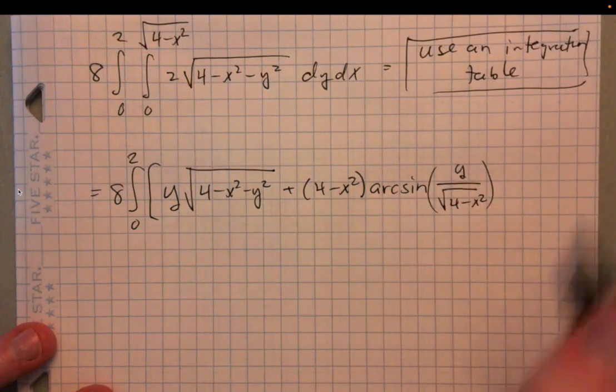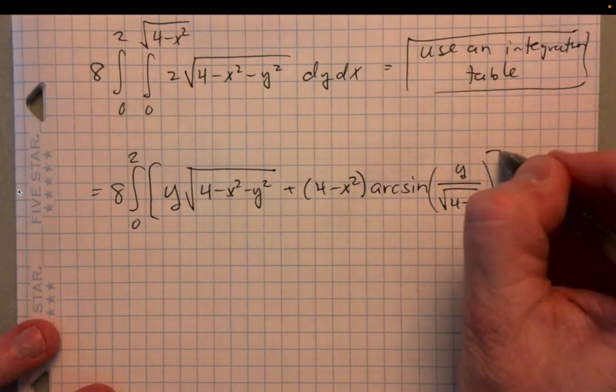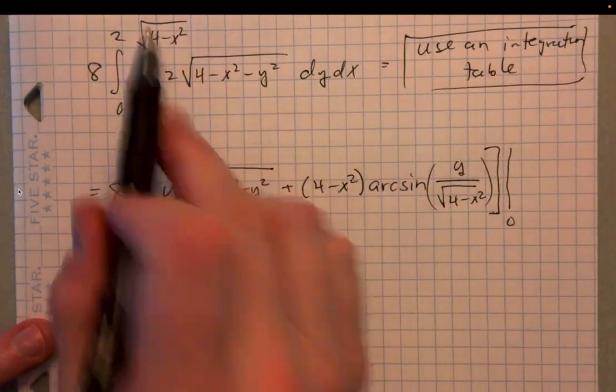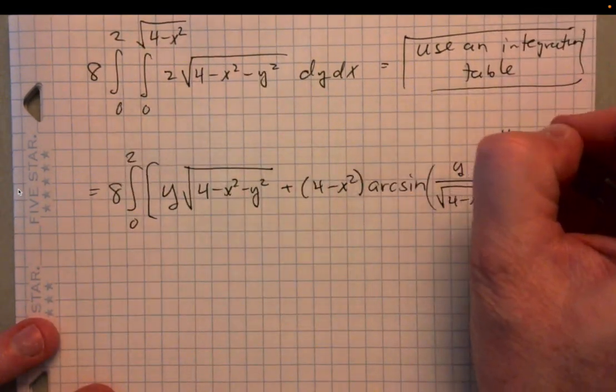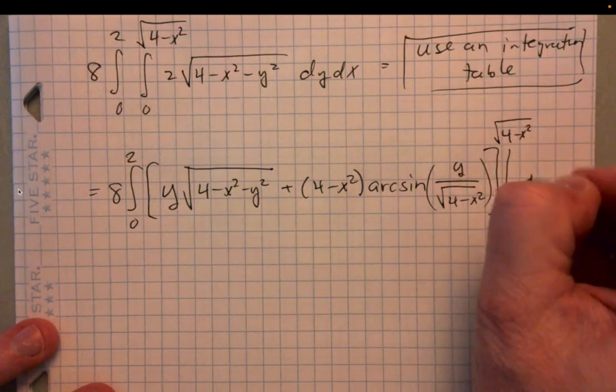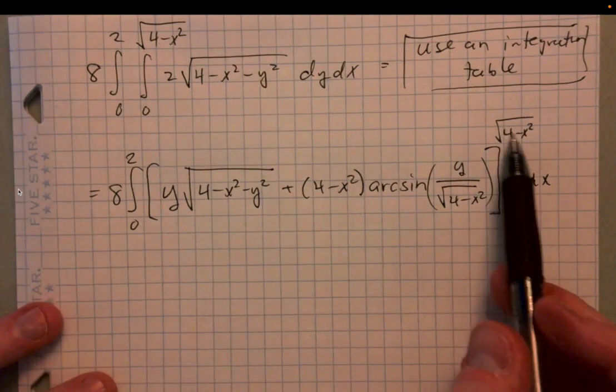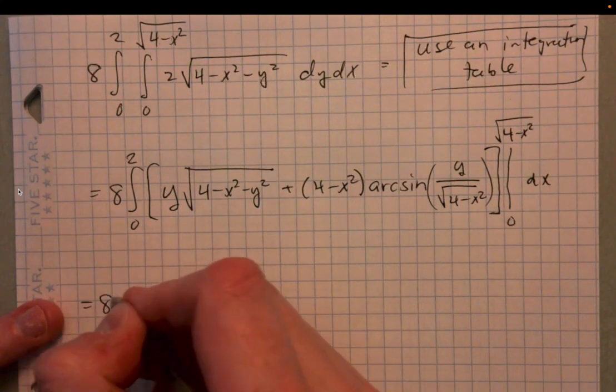That's the argument for the arc sine here. And then that's going to go from 0 up to the square root of 4 minus x squared. Okay, so that's pretty awful. But it turns out this thing simplifies down a ton when you plug this bound in.